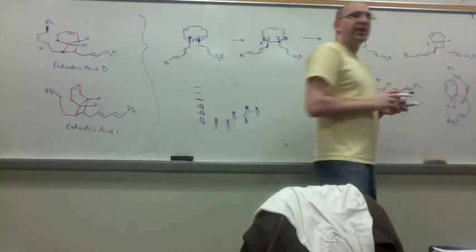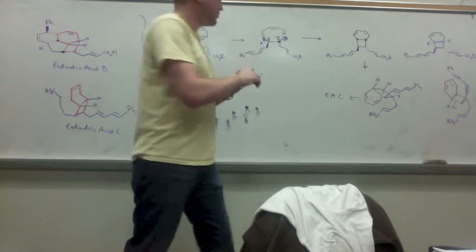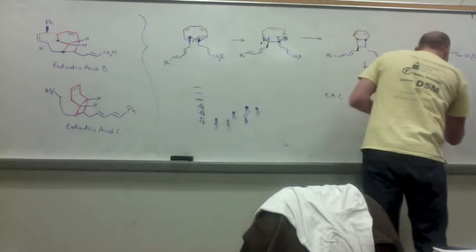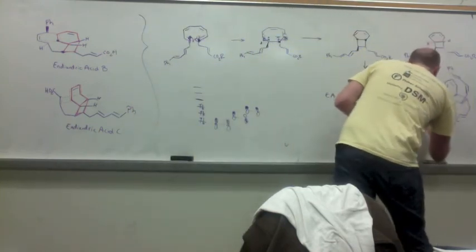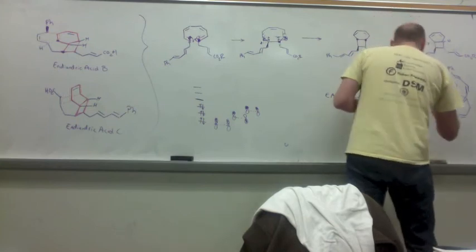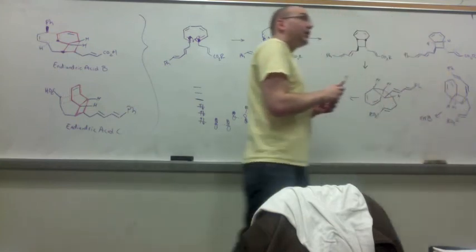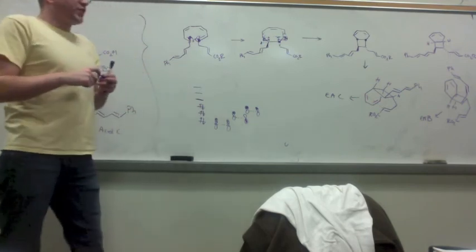It's going to be the diene from that one part with the other part, and this is going to ultimately lead to endiandric acid. Okay, so this is the general idea behind this.